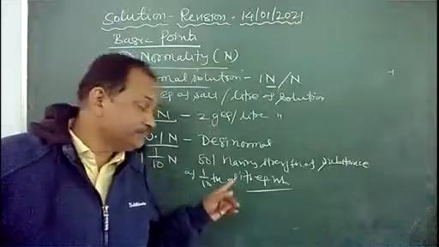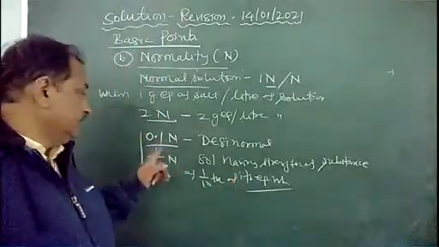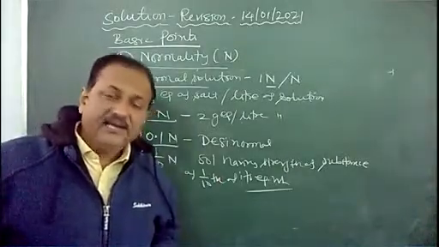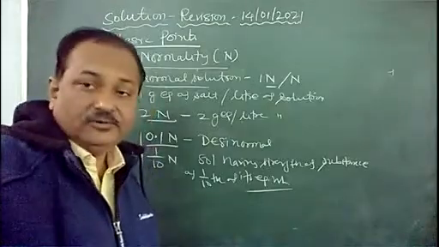So it will be equal to 0.1 or 1 by 10 N. Similarly, it can be N by 50, N by 100. N by 100 is called a centinormal solution.